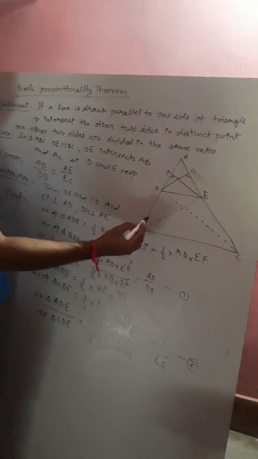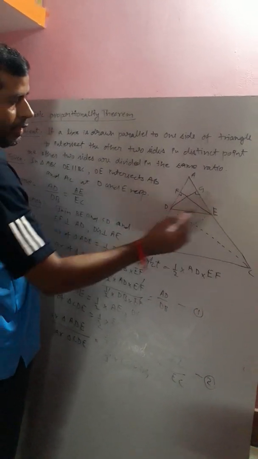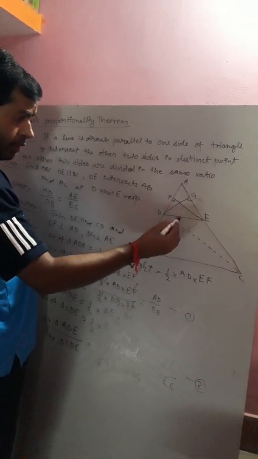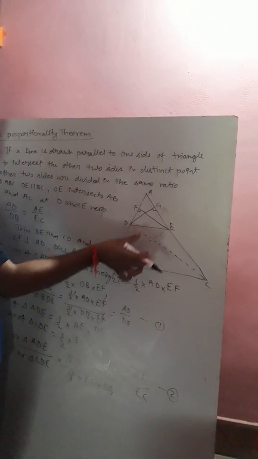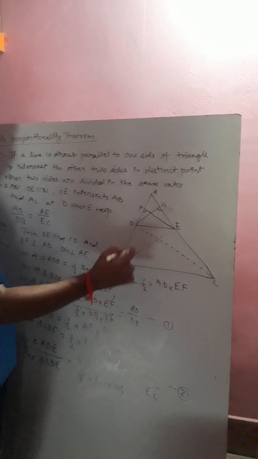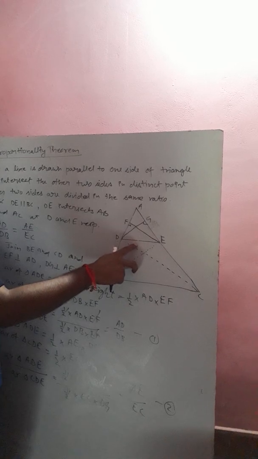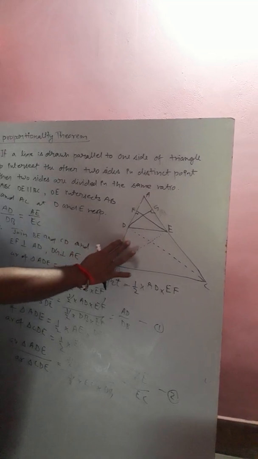Now let us see, we have two triangles, BDE and DCE, between the same parallels, because DE is parallel to BC. We know that if two triangles are between the same parallel lines on the same base, their areas will be the same. I am not writing this here, but we will use this concept.